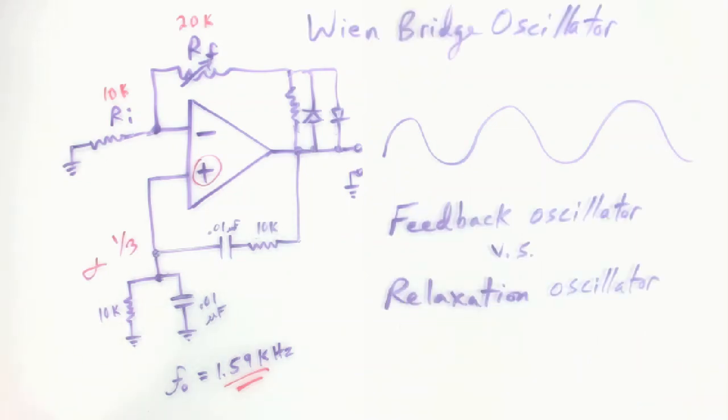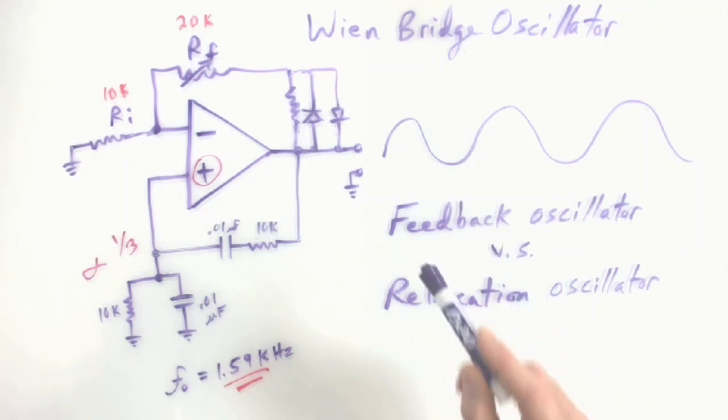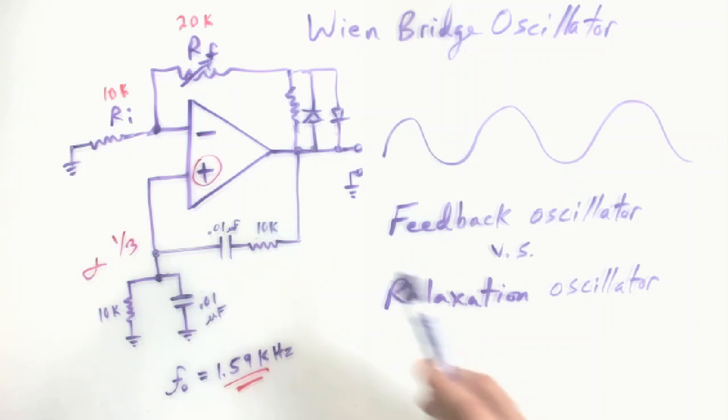This isn't the first oscillator we've seen, so I wanted to put some things in context. This circuit that we've shown you now is the Wien bridge oscillator, and it is a feedback oscillator, as we've described. If you think back, way back, when we were playing around with that little 555 chip, just to get some introduction to pulse DC and get a start on scope skills, you remember? We made an oscillator then too, and that was termed a relaxation oscillator.